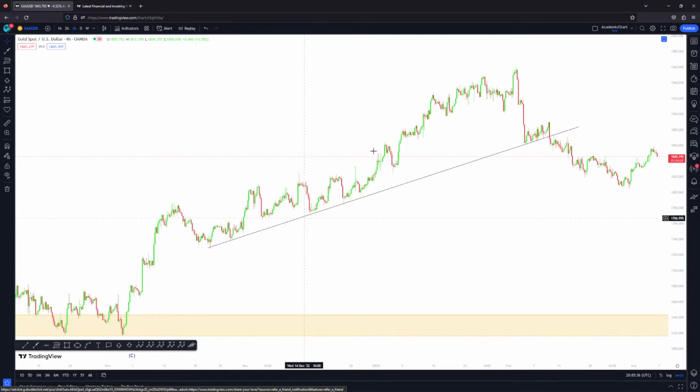Here is not the case, but in the third wave we can see this. If this is the first wave, this is second, this is the third wave, and the fourth comes again to enter the first wave. This is what we call a diagonal. This is not a regular one, two, three, four, five wave, but this is still an impulsive wave.